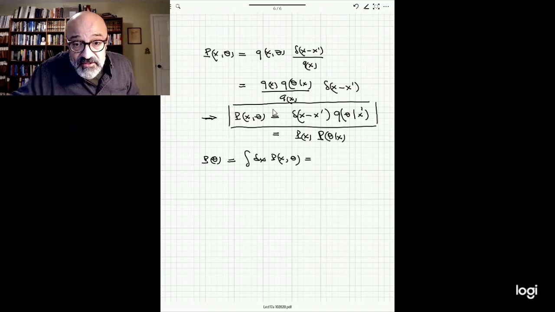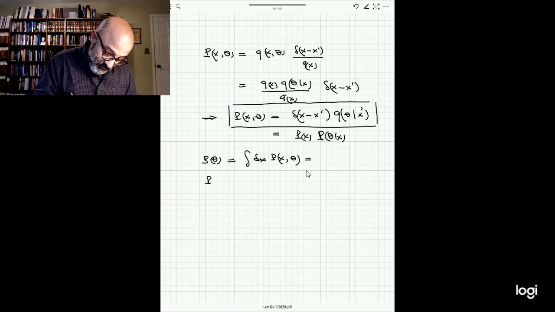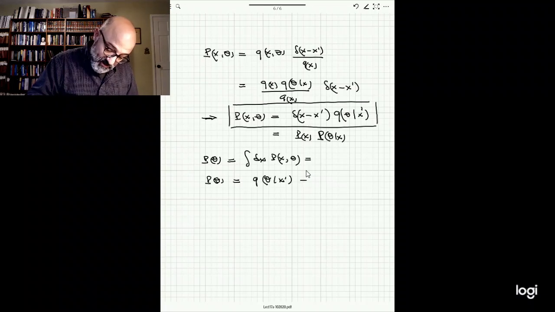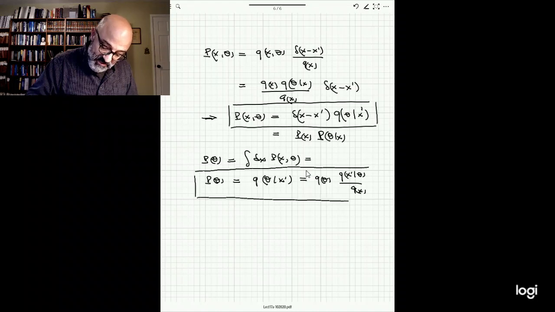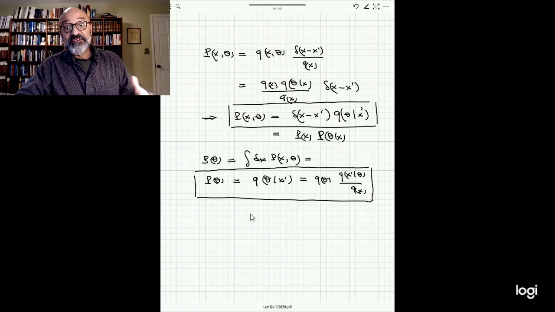The delta function makes the integration trivial, and what you get is the old Bayes rule, which is written here. Conclusion: the method of maximum entropy is completely consistent with Bayesian updating.